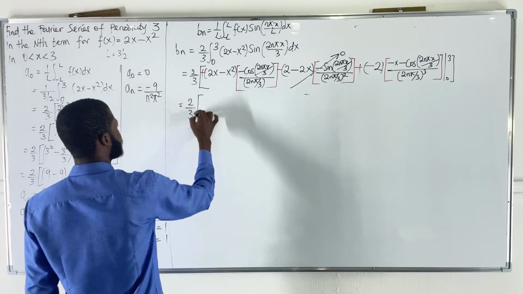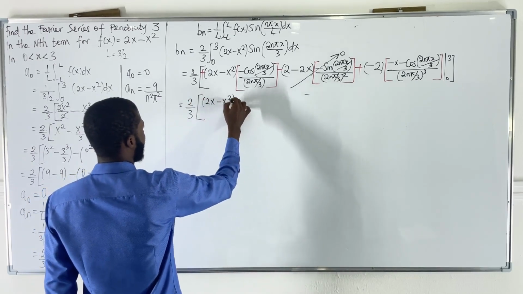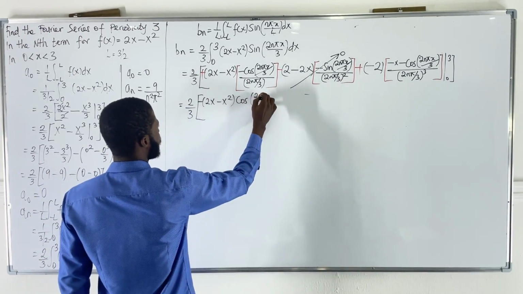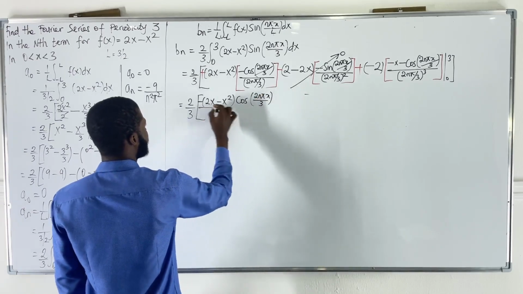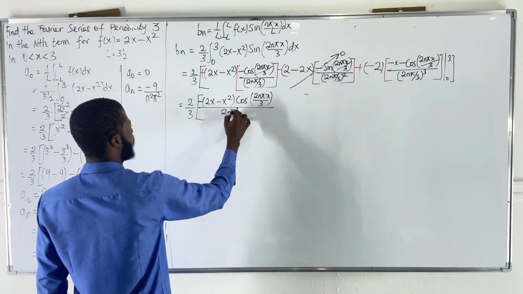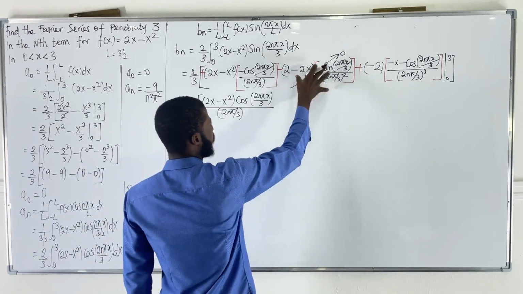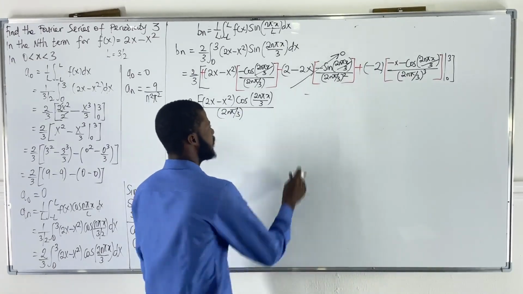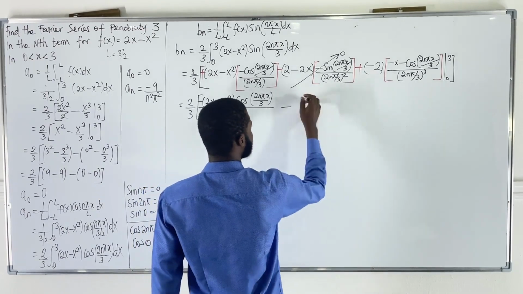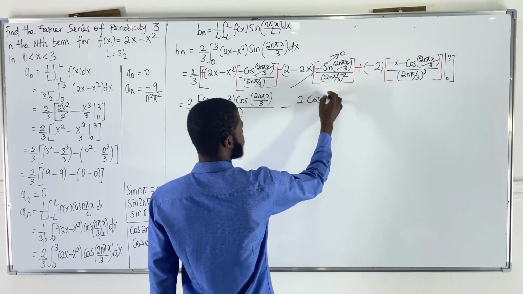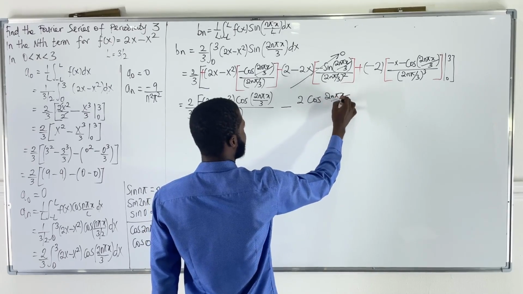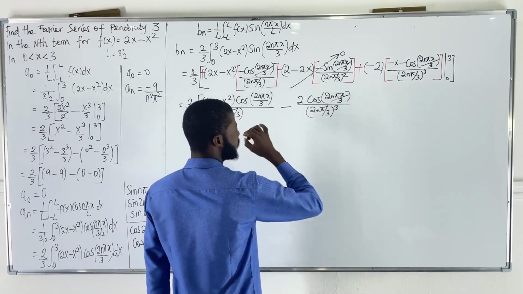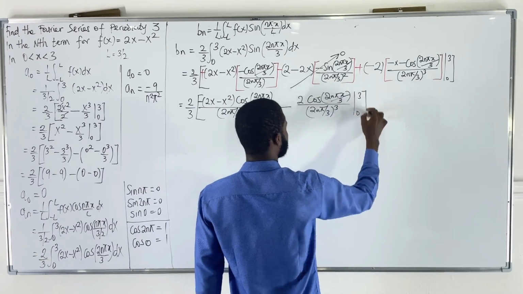This will be 2 over 3, 2x minus x squared, with the minus in front, minus cos 2n pi x over 3, all divided by 2n pi over 3. Now this part is gone. Minus, minus, minus gives minus. So this is minus 2 cos 2n pi x over 3 divided by 2n pi over 3 all cubed, from 0 to 3.